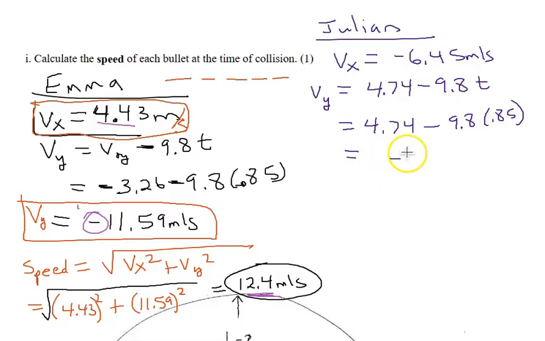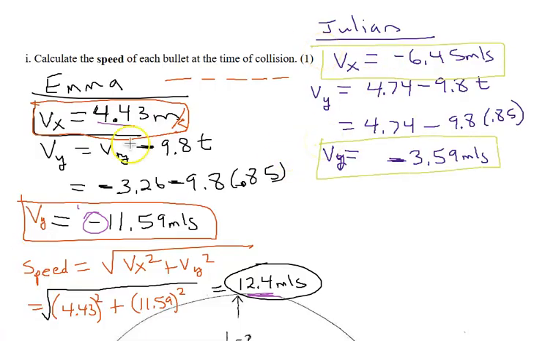Enough time has elapsed that his projectile has hit the peak and is headed back down, right? Because this is negative. So that's what's awesome about the math. We didn't have to calculate the time at the peak. We know it is beyond the peak because Vy is negative. All right, we are almost done.